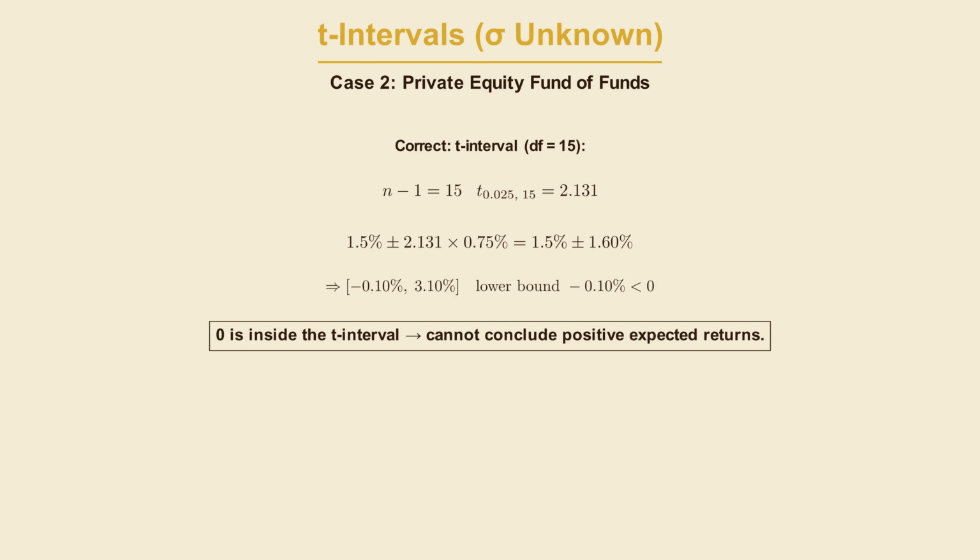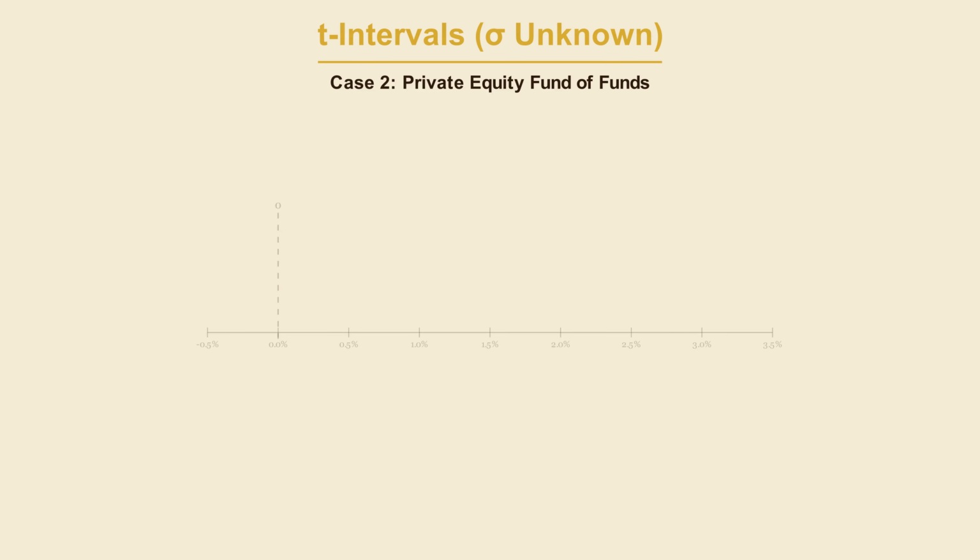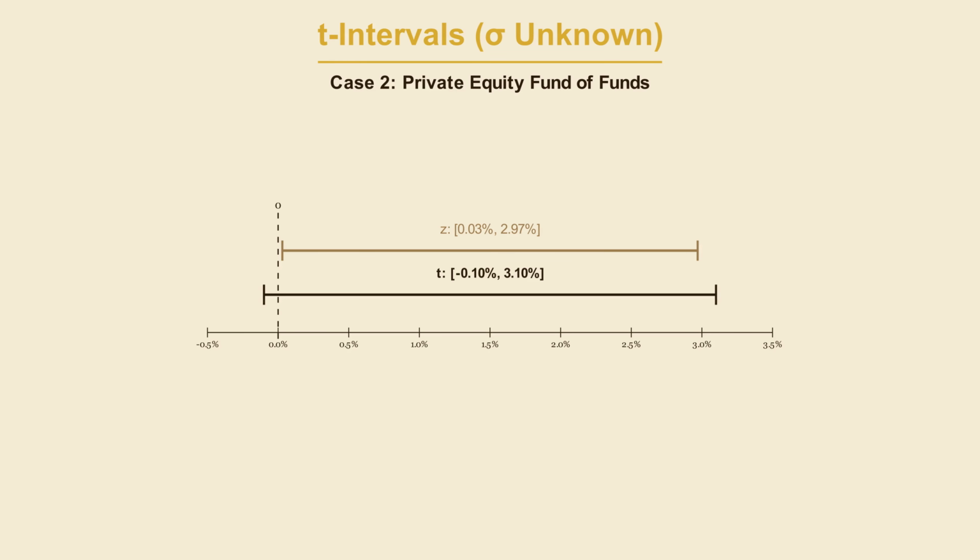That is the entire difference between the two approaches. The z-interval told investors that the fund had confirmed positive returns, but the t-interval says that the data doesn't support that conclusion. The gap between a z-critical value of 1.96 and a t-critical value of 2.131 is only about 0.17. But at this sample size, that 0.17 difference ends up being enough to shift the lower bound from just above to just below 0.